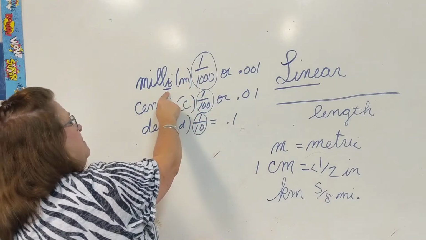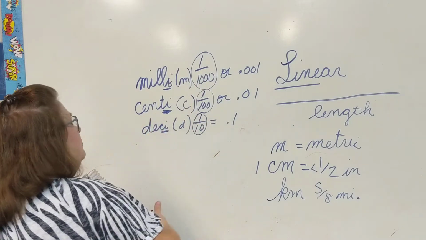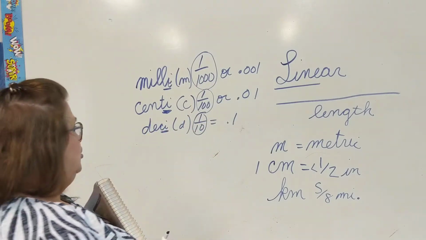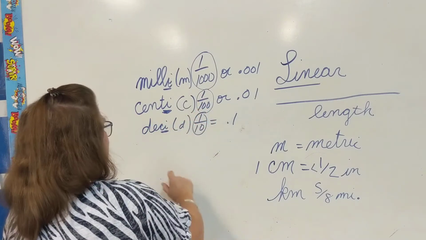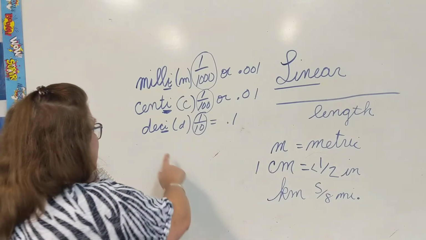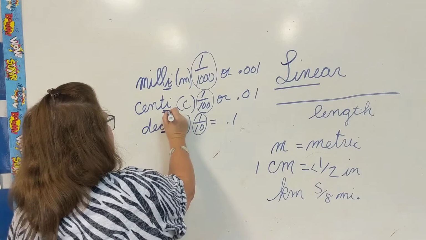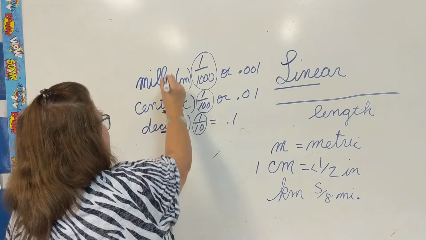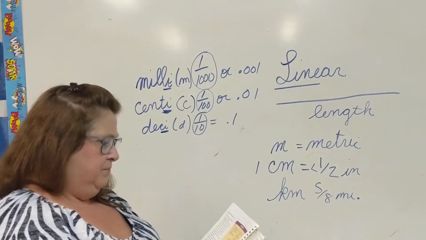The prefix milli stands for 1/1000th. We know that there's 100 years in a century. The prefix centi is 1/100th. We know that there's 10 years in a decade. The prefix deci is 1/10. Whenever your prefix has an I, it is going to be a part. It's going to be a fraction, okay?